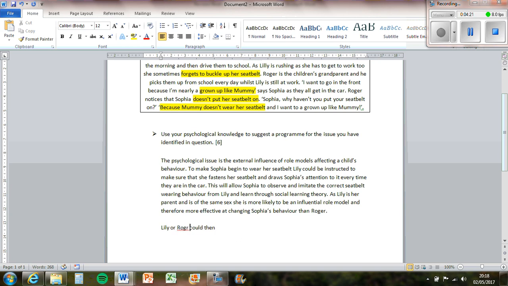Lily or Roger could then positively reinforce Sophia when she does wear her seatbelt by giving her praise, such as well done, or commenting on how she is a grown-up like Mummy, which is something she desires to be.